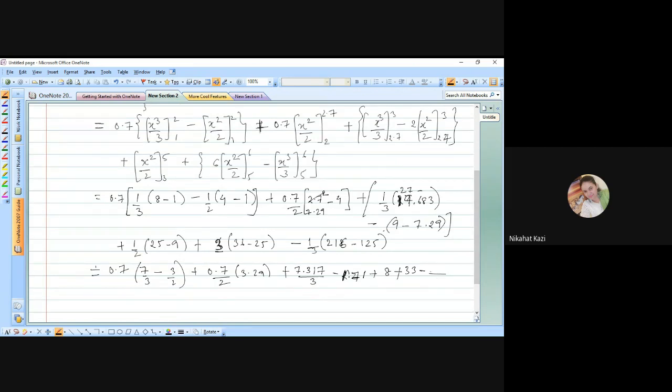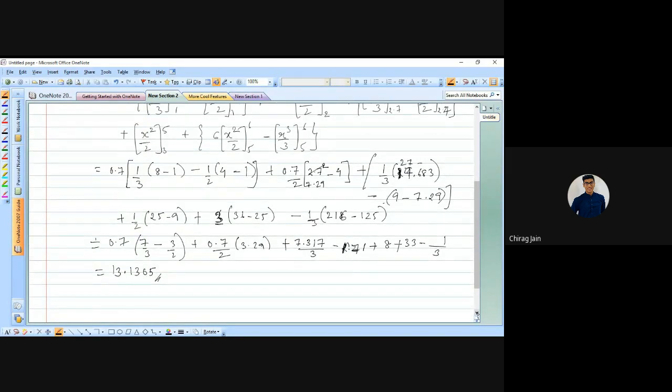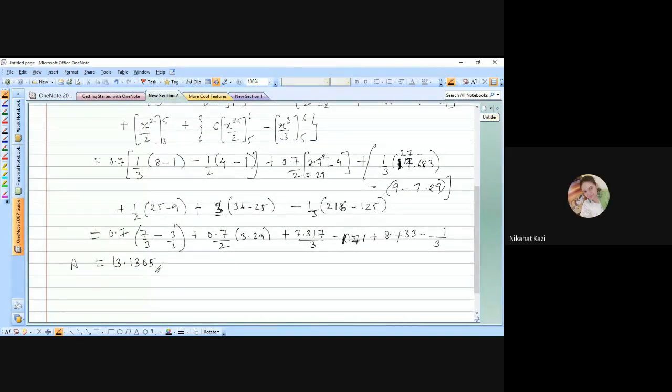Can someone tell me? Ma'am, I'm getting 13.12, but I've done it a little differently and I'm not sure. Ma'am, mine is 13.1305. Yes, same. 1305, right? Yeah. So this is the numerator.